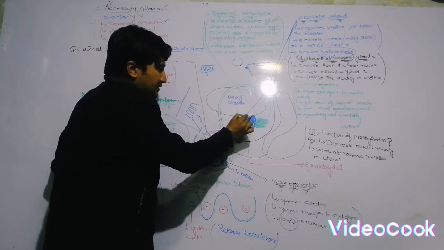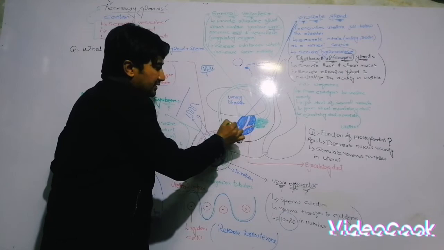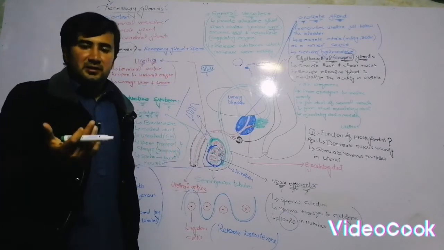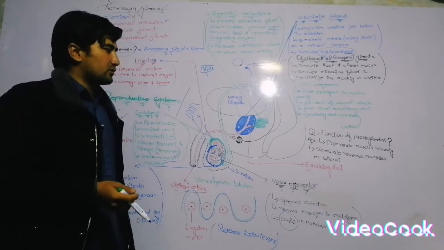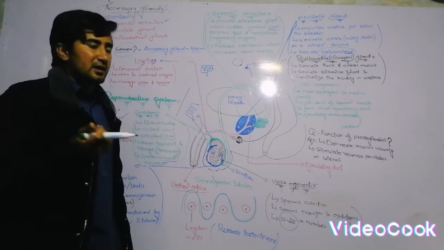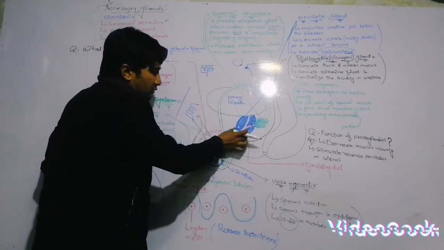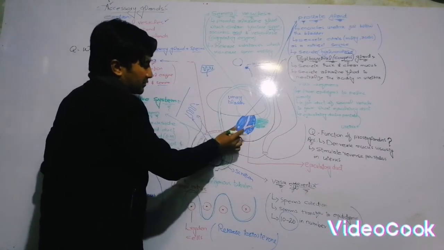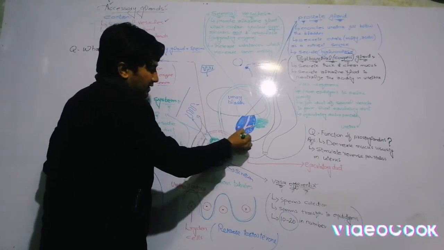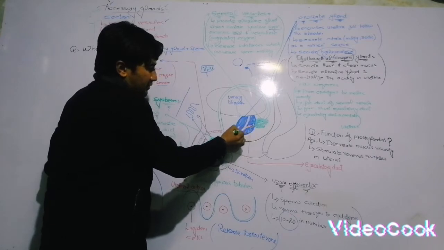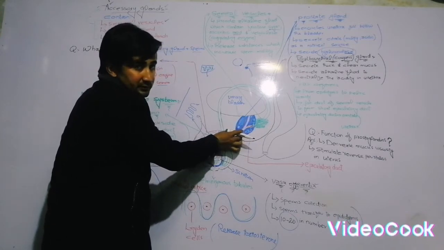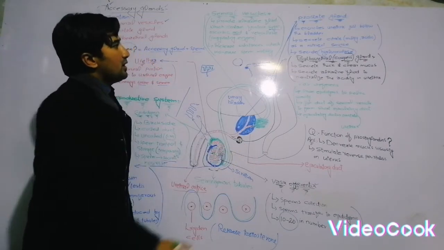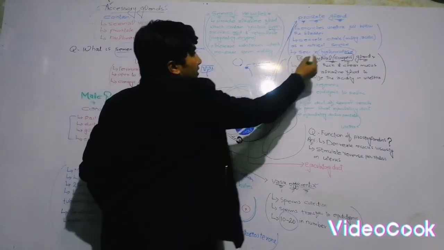The prostate gland provides some enzymes, for example hyaluronidase. I will come to the function of hyaluronidase, but first I want to throw light on this portion. The prostate gland surrounds the urethral portion, and its function is to secrete citrate.